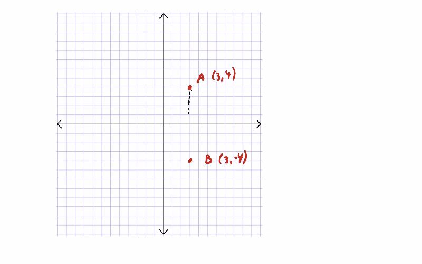We can just look at the distance of the line connecting them. There's no change in the x direction, so delta x is 0. But delta y, we went from 4 to negative 4, so y changed by 8 units downward, which we would call negative 8. But the distance between the points is the absolute value of that, so the distance would just be 8.